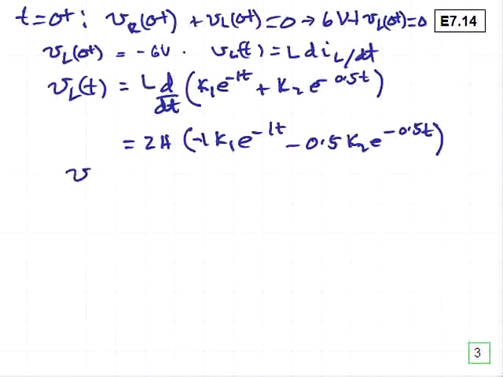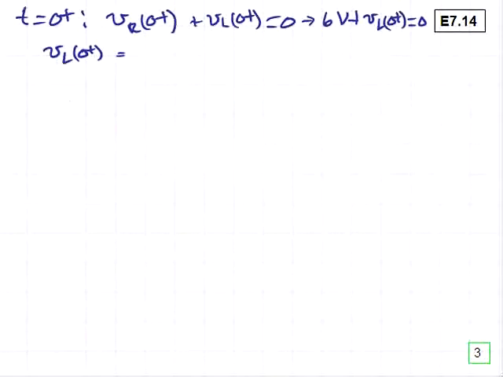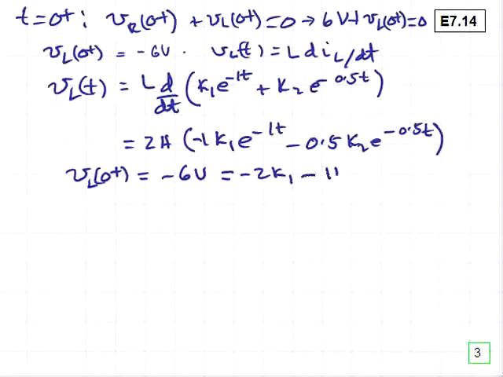or VL at 0 plus is equal to minus 6 volts from the KVL equation, and this is minus 2K1 minus 1K2 from our assumed solution format.